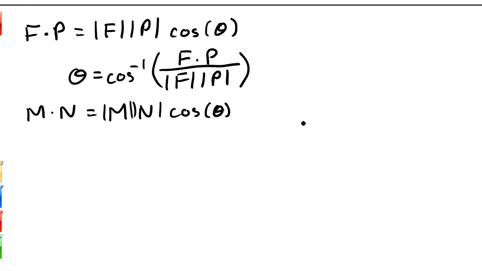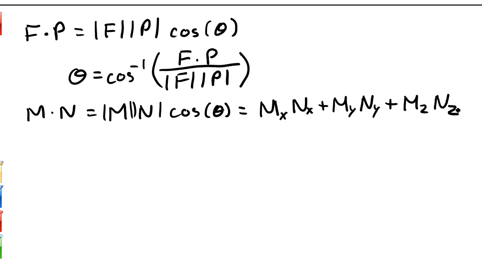When you break this down into components, you'll have m in the x times n in the x, plus m in the y times n in the y, plus m in the z times n in the z.